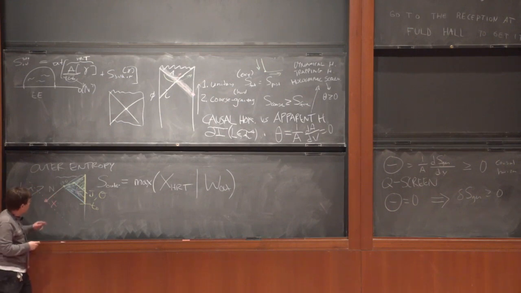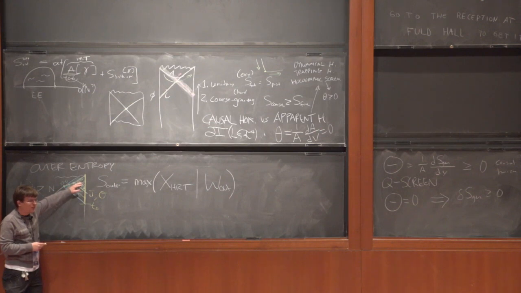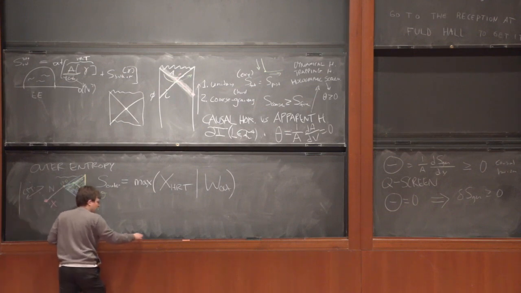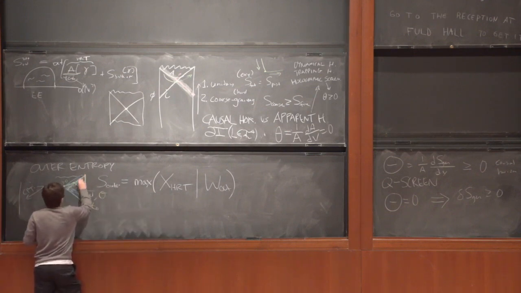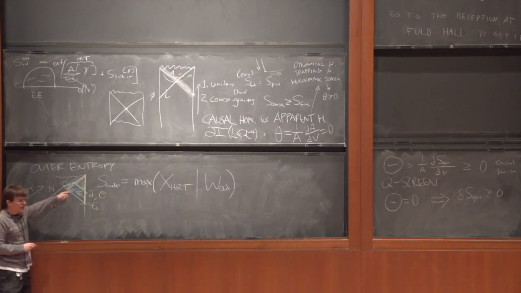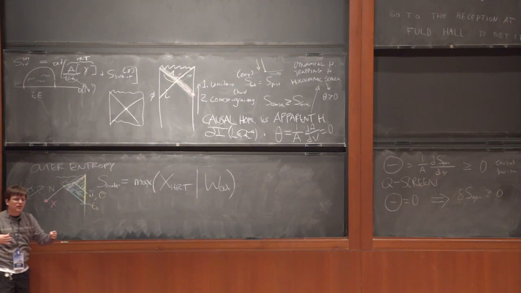So you might say, how can you measure behind the apparent horizon? Well, at least perturbatively, the reason you can measure behind the causal horizon is that, the causal horizon is here. The causal horizon and the apparent horizon are separated because matter is falling across the horizon.